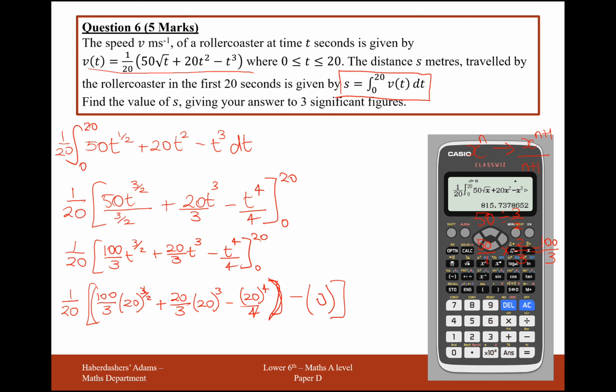So you just have to use the x there, and you get a final answer of 815.74. To three significant figures this is going to be 816, and the distance is in meters. So 816 meters is your final answer there, 5 marks.